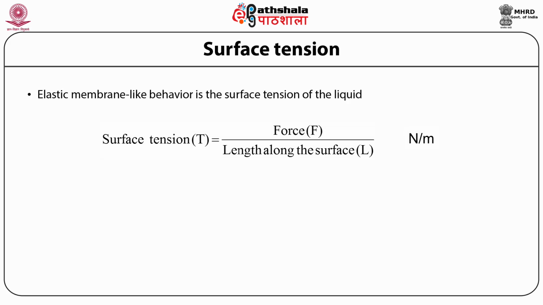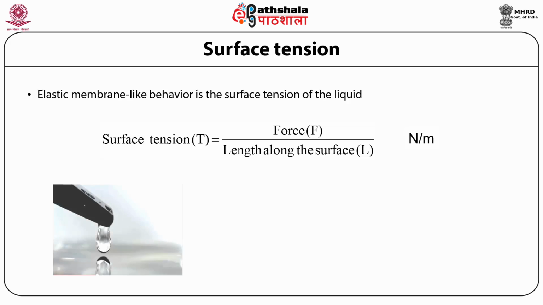The examples which you come across, which can nicely explain surface tension, are such as a water drop at the tip of an object or a rod which is just about to leave the tip. Why is the water drop having a shape of that sort?